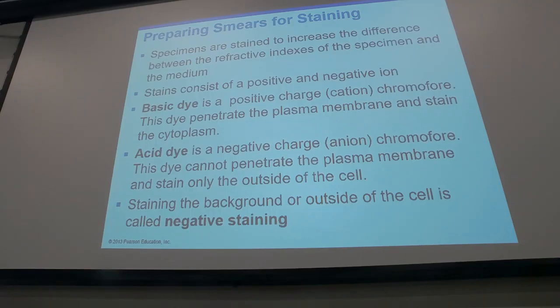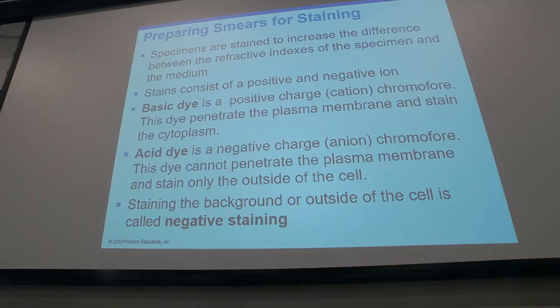Now a negatively charged chromophore or dye has ions that are negatively charged, which are called anions. And these anions won't penetrate the cells, because of the law that opposites attract.